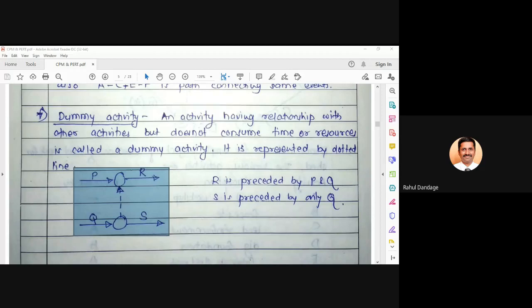Is there anyone who feels that the diagram will remain the same? Speak out, or give your response in the chat box. No, the diagram will not remain the same. Then what will change? Pratiksha, what is going to change?